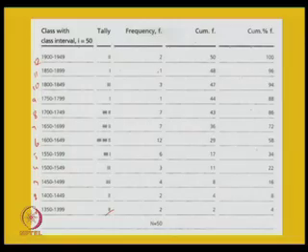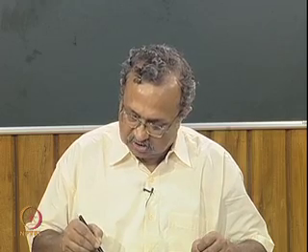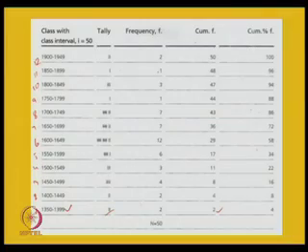Now, the cumulative frequency is that, suppose in this class only 2 are there, in the next class 2, but if we consider this value 1449, below this value a total of 4 are there, meaning 2 from the lower class and 2 of this class.